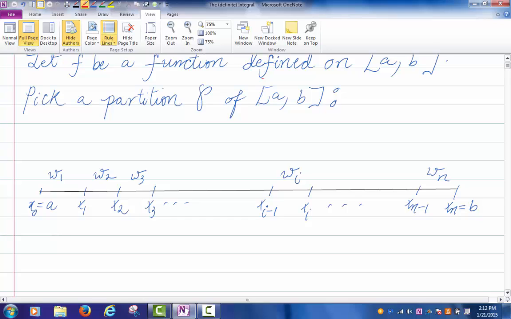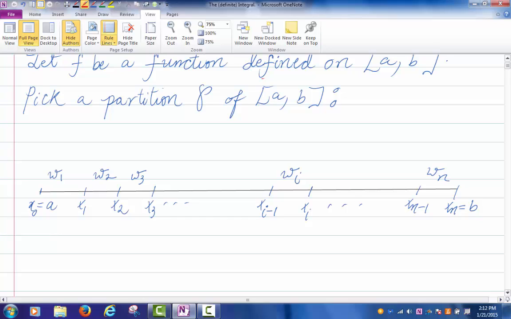First subinterval, the index of the right-hand point is 1, right? Second subinterval, the index of the right-hand point is 2. Second and 2 go together, right? So first subinterval, second subinterval, third subinterval, right?